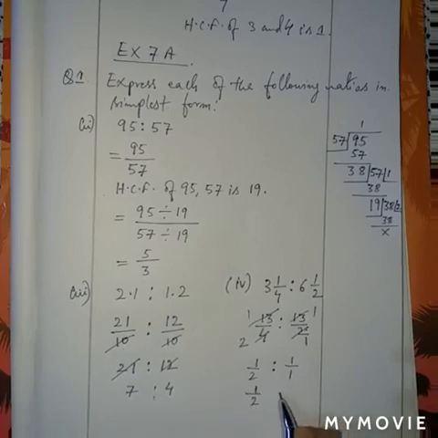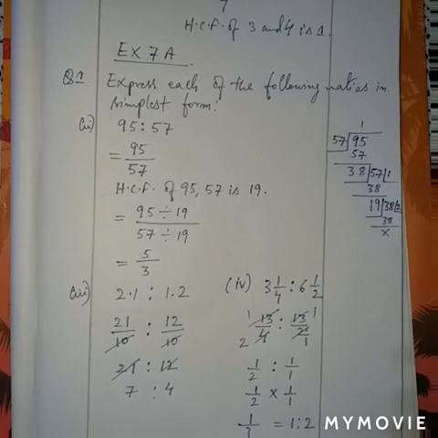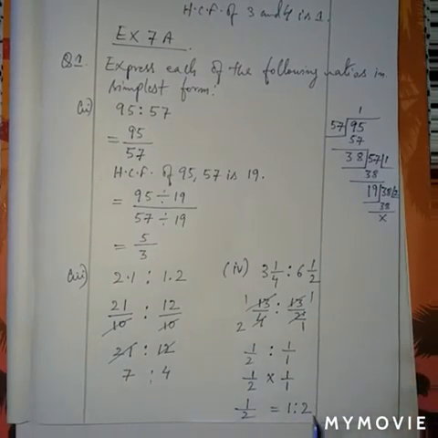So when we are making it multiplication sign, okay, this will become reciprocal and we can multiply. 1 1s are 1 and 2 1s are 2. Okay, so this can be written as 1:2. So this is the simplest form.